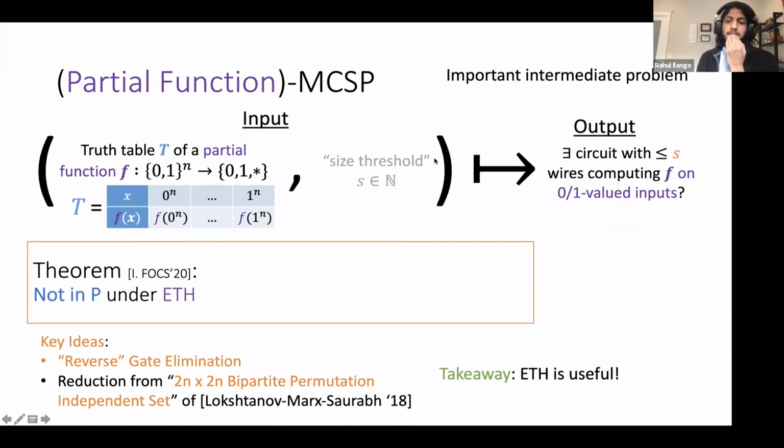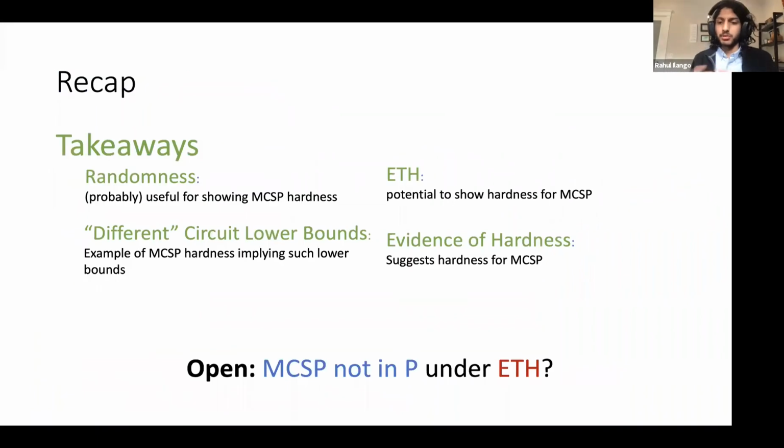Okay, cool. So let me just wrap up the results section by recapping what the takeaways were. One, I think the research gives strong evidence that randomness should be useful, or at least we have several proofs of concept now that randomness is useful for showing hardness for MCSP. We have one example of using ETH to show hardness for an important version of MCSP.